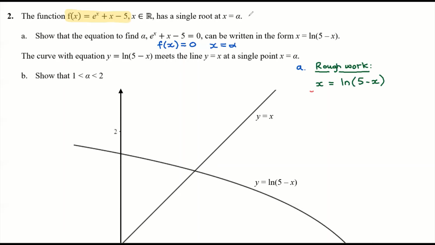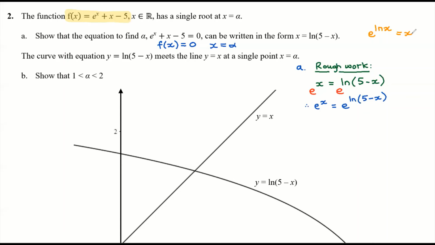So if we exponentiate both sides like that, we'll get the following. So we'll get e to the x would be equal to e to the natural log of 5 subtract x. And we're going to use the idea that e to the natural log of x is just x because e and natural log are inverse functions.